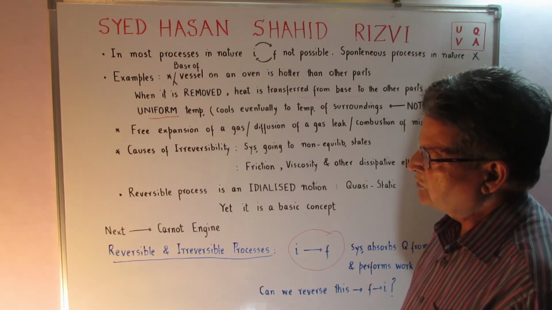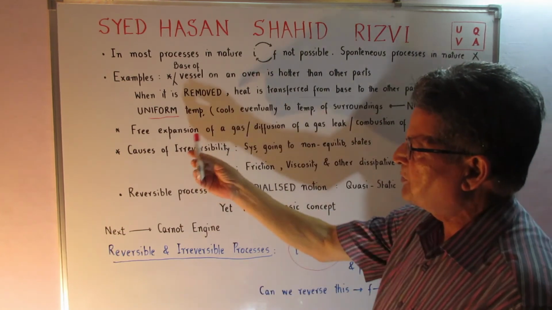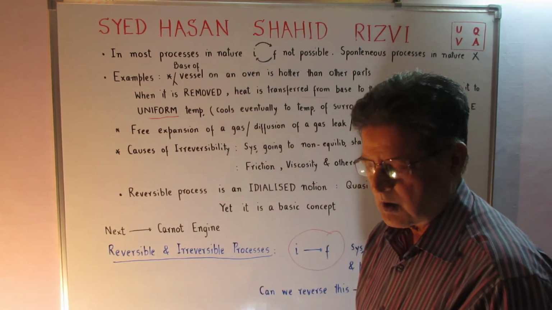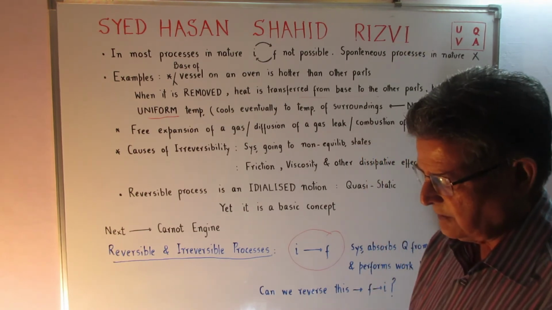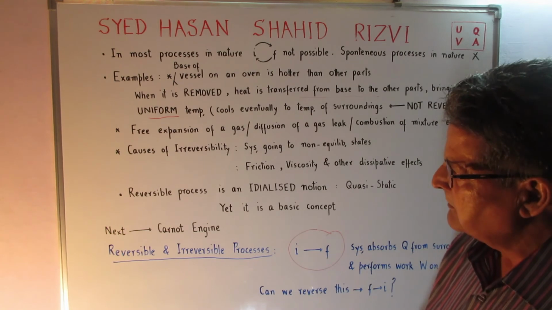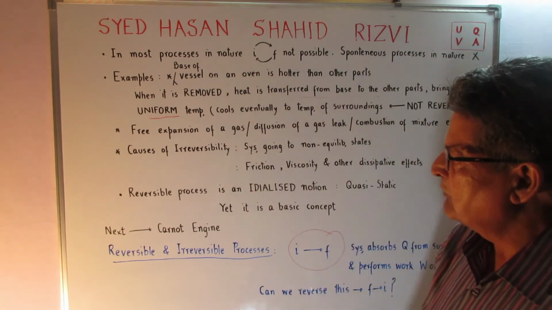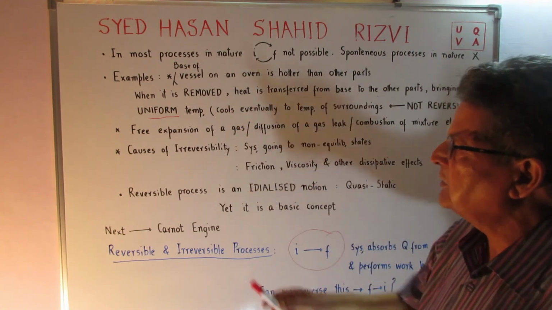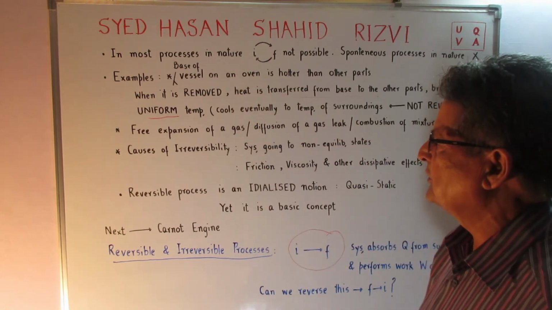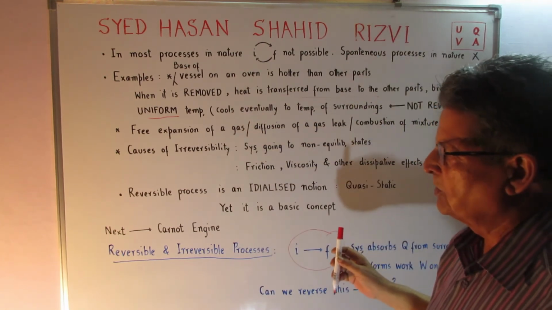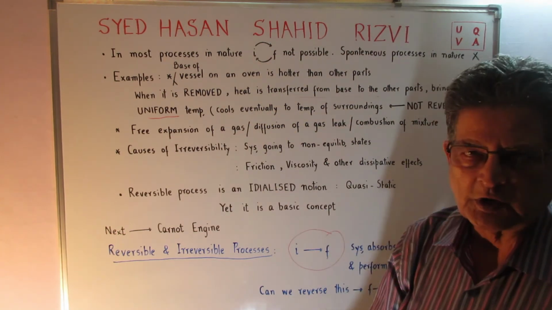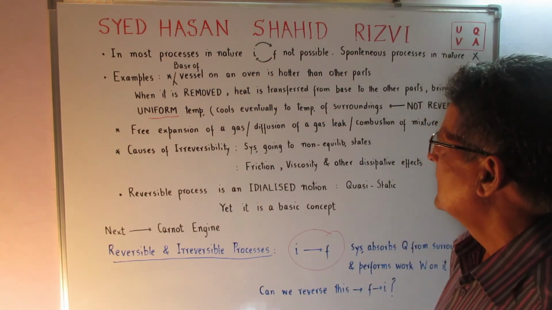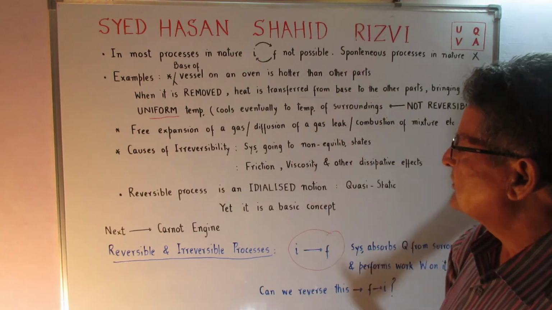Also not reversible is the free expansion of a gas. If the gas has a vacuum associated with it and there is free expansion, it's not possible that the vacuum is recreated and the gas goes back to its original condition. Another is diffusion of a gas leak.